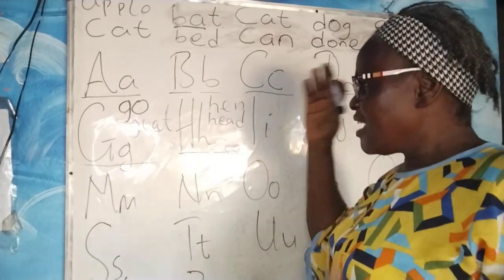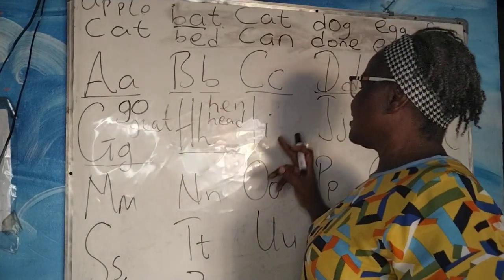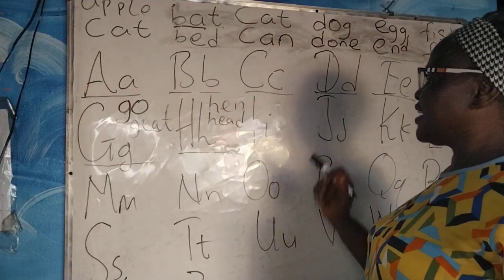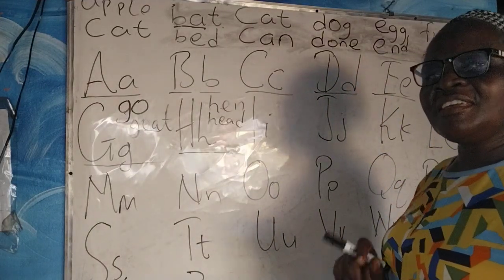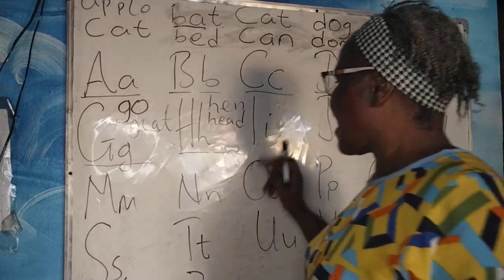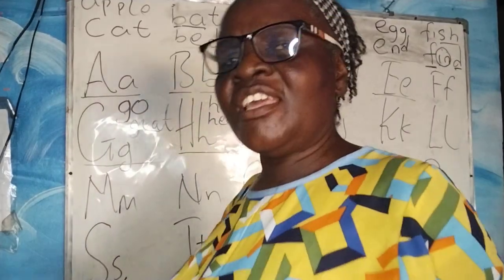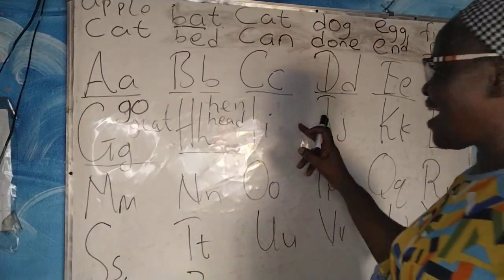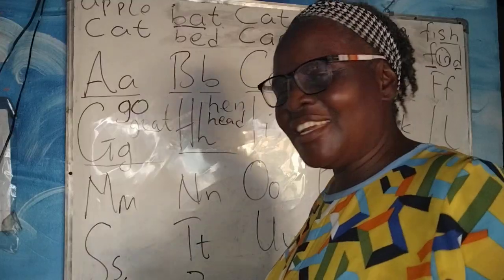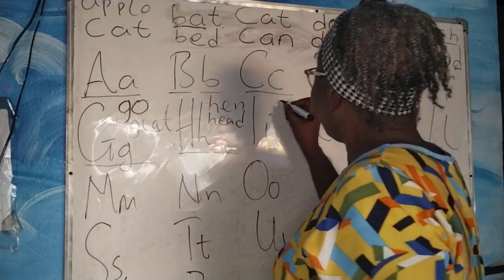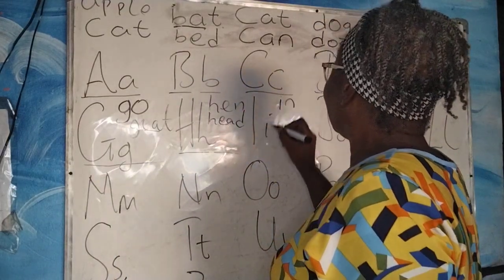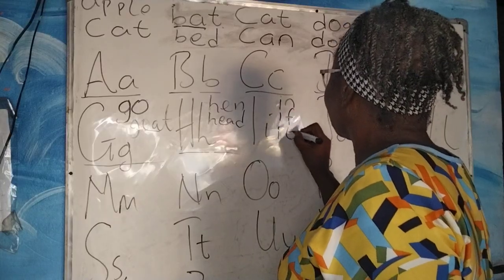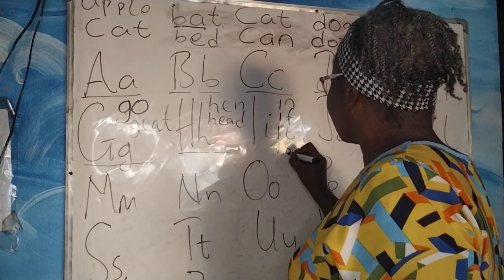Now let's go to the next letter, I. What's the sound of letter I? E. Anywhere you see letter I, you should say what? E. Letter I sounds E, as in in, if, eat. You see it?